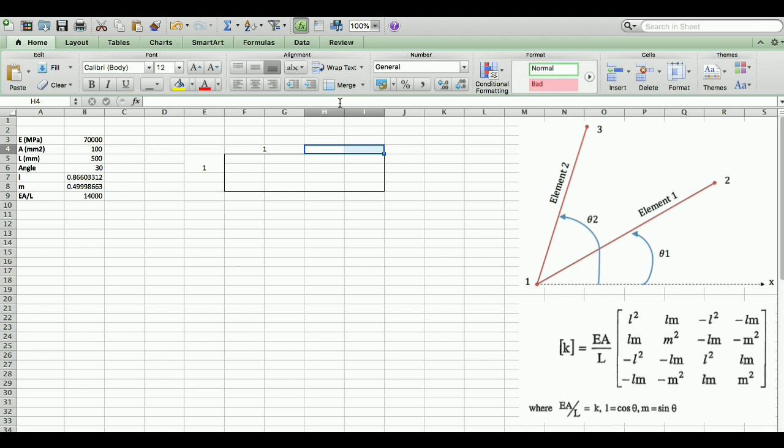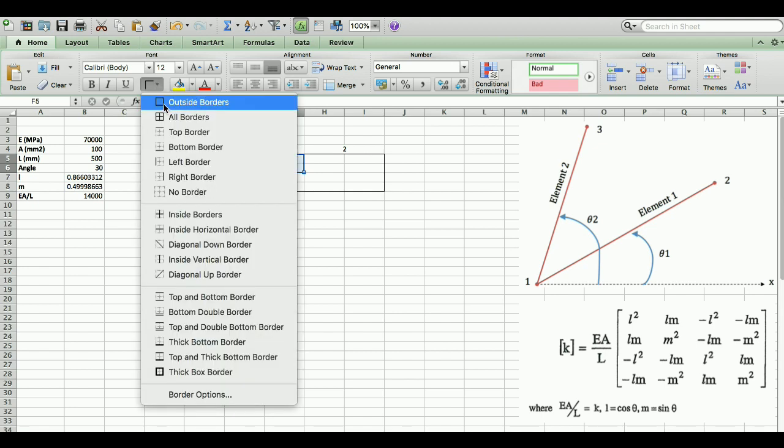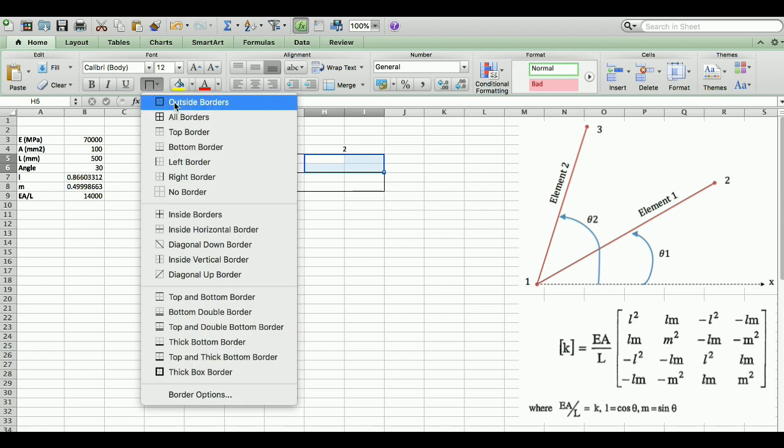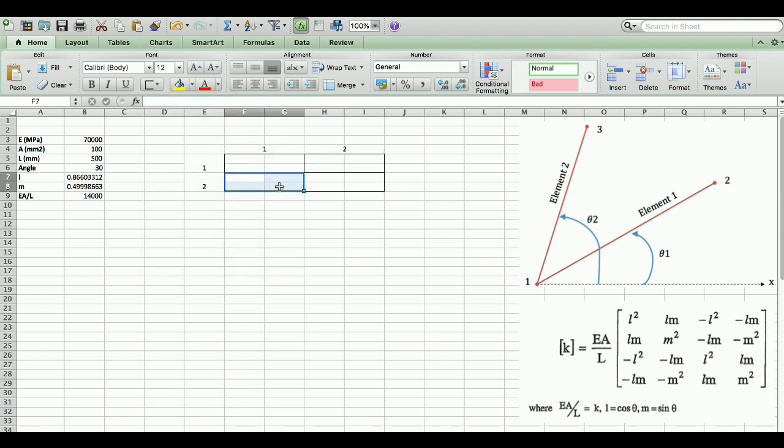I merge these two, calling it 2, and also these two, calling it 2 again. And then I use simple borders to specify each room that we used for start point and end point.